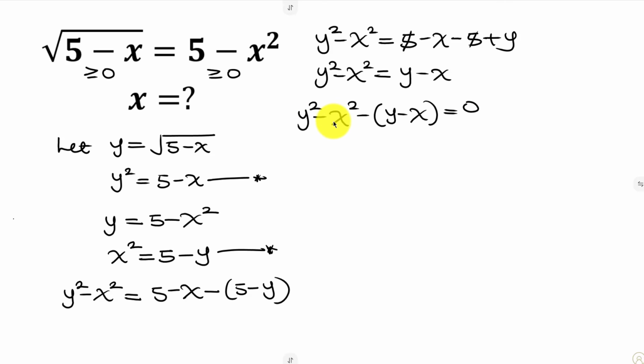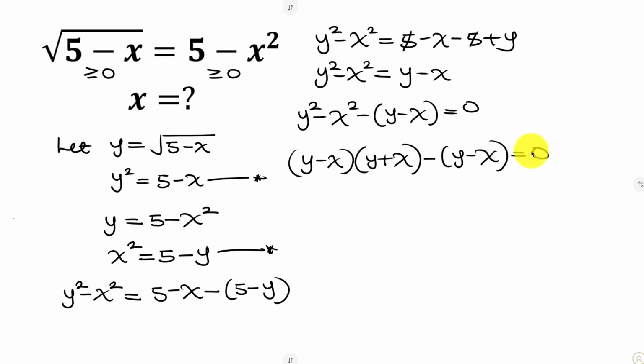Now notice the first two terms, the relationship between them. This is difference of two squares, a very nice identity that can be written as y minus x times y plus x. Very good. And then we have minus y minus x, and this is equal to 0.